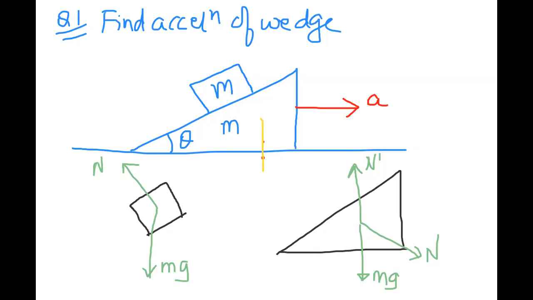Now for small m, I have absolutely no idea what is going to happen, except for the fact that I know that it is going to come down, right? It is going to come down. So what I will do is I will make a guess. I will say that the acceleration component along y-axis for this block is ay, and acceleration component along the x-axis for this block is ax.